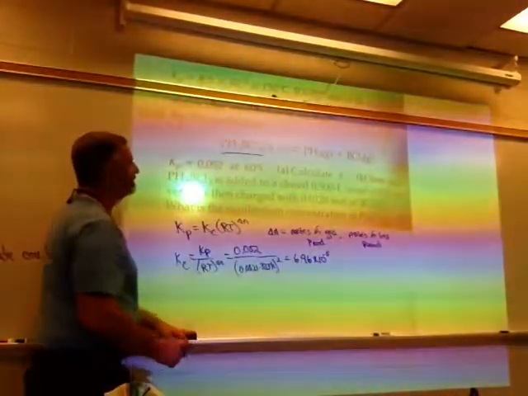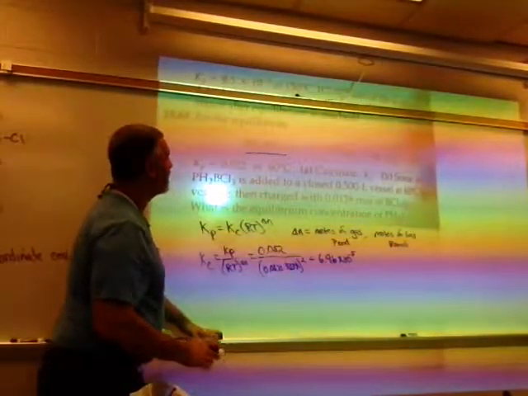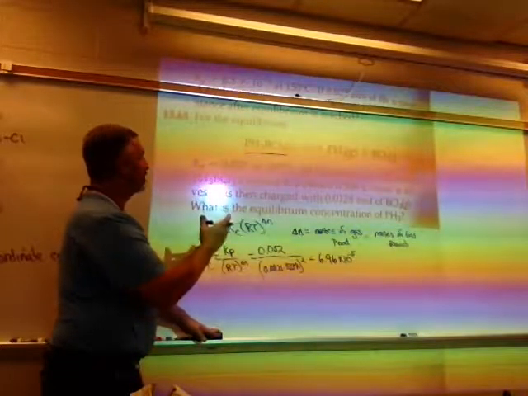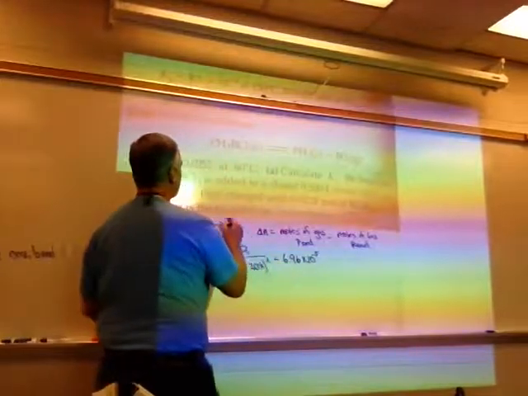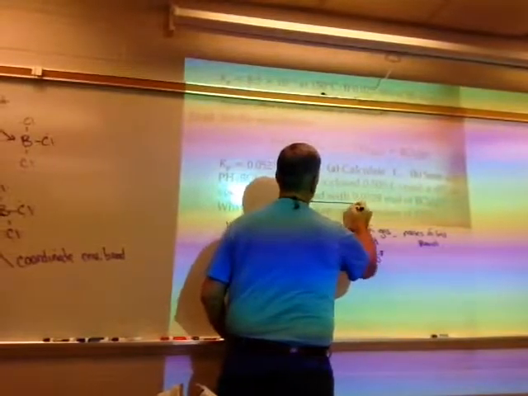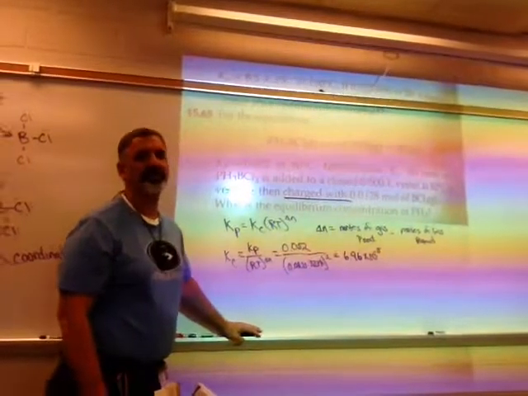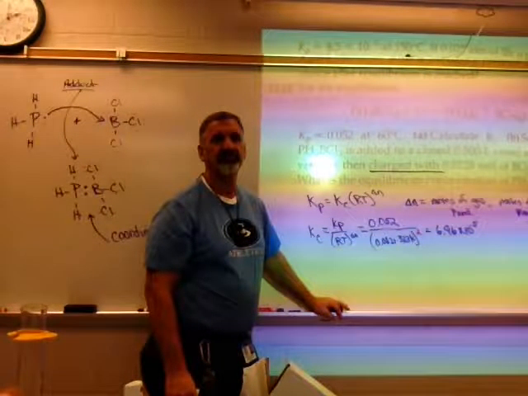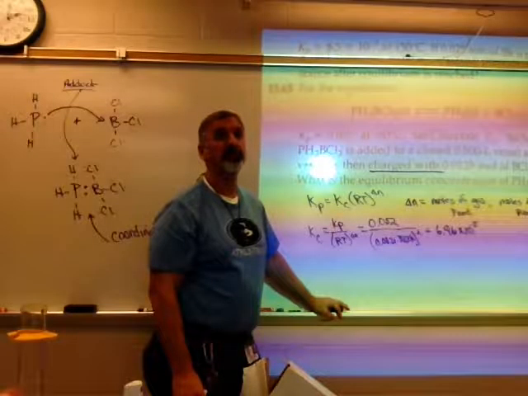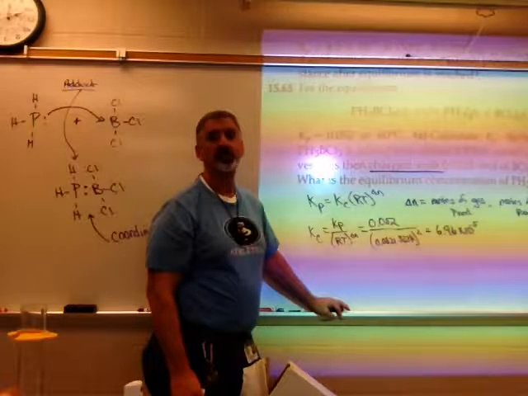So there's Kc. Now we need to find out, as the vessel is charged with 0.0128, what do you think that means, charged with? What's that a weird or fancy way of saying? Added. Filled with.